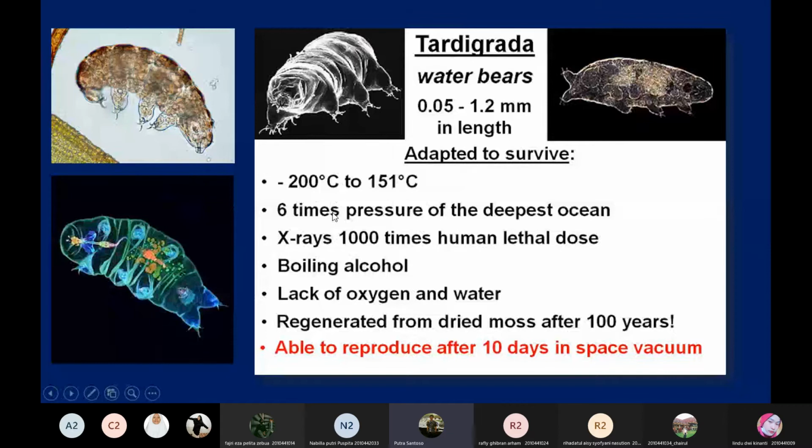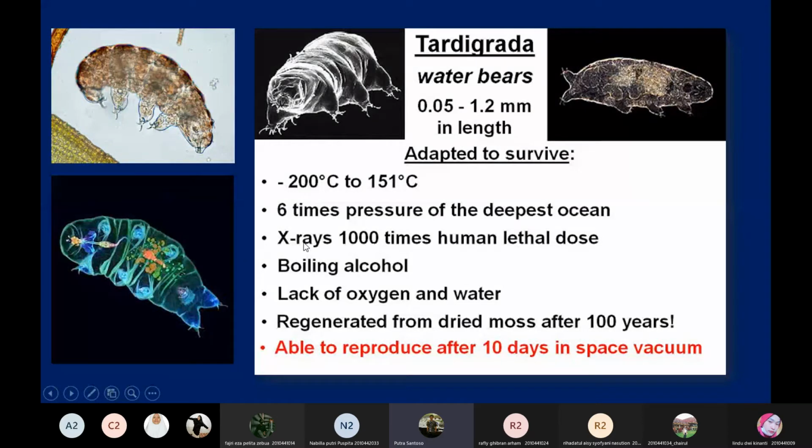It's very super low, and also could withstand the very high temperatures like 151 degrees Celsius. A very broad range of ability to withstand the exposure to the temperatures. And also about the pressure, 6 times pressures of the deepest oceans. So it could also live in a very high pressure.